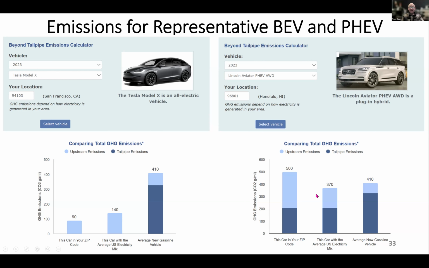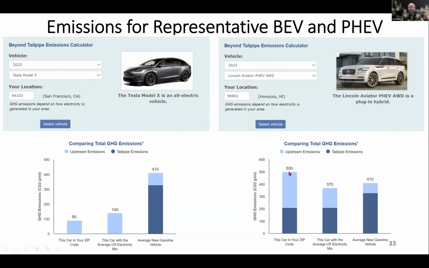Okay, but here I went to a larger plug-in hybrid, and I went to the place with the dirtiest electricity in terms of greenhouse emissions in the US, which is Hawaii, which has primarily oil electric generation, and the second biggest is coal.